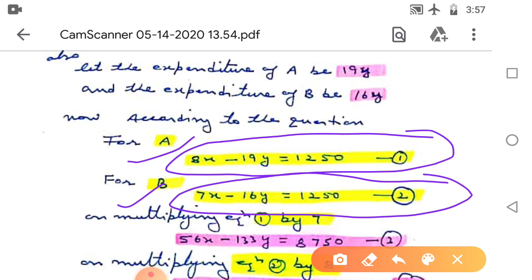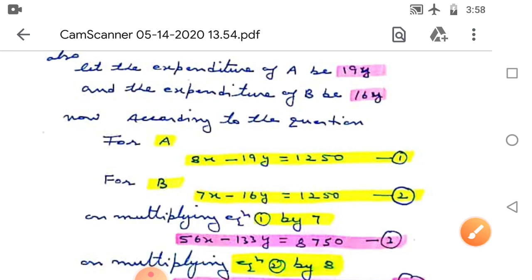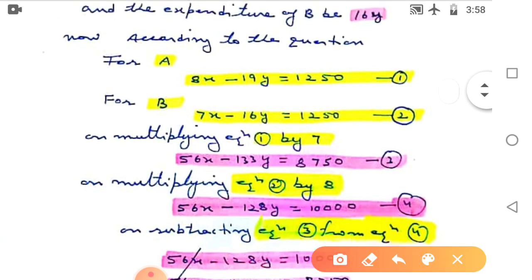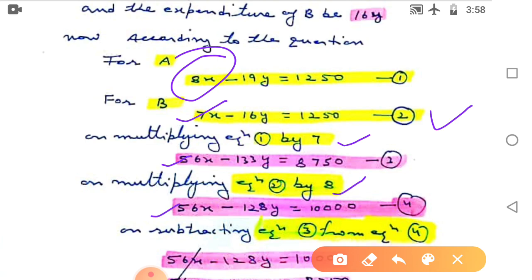So we are going to solve by elimination method, and here we multiply equation 1 by 7, making the coefficient of x as 56, and if you multiply equation 2 by 8, the coefficient of x becomes 56. So the third equation, when you multiply equation 1 by 7, is 56x minus 133y is equal to 8750 rupees.